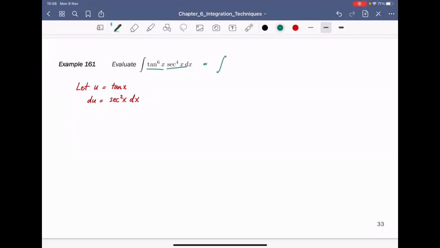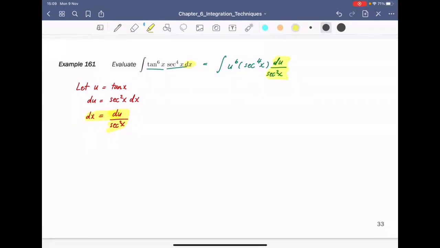So I'm going to integrate tan, which is u now, so it's going to be u to the 6th power times secant to the 4th power x, and then du over secant square x. From here, I get dx equal to du over secant square x. You can see that I just replace the dx by du over secant square x.